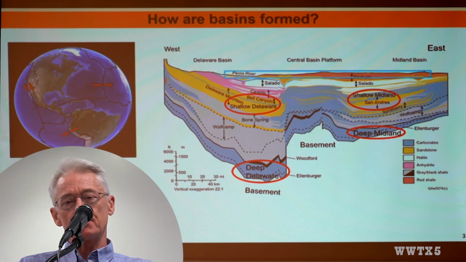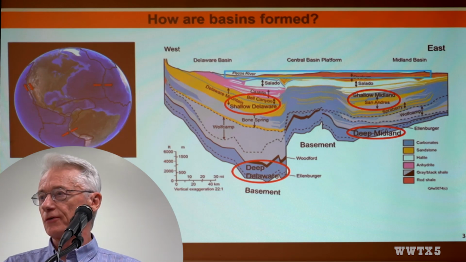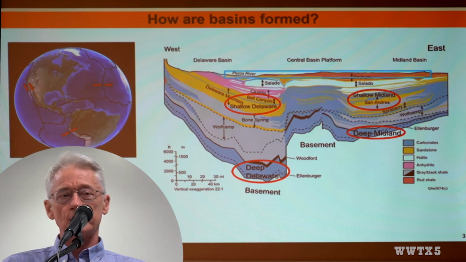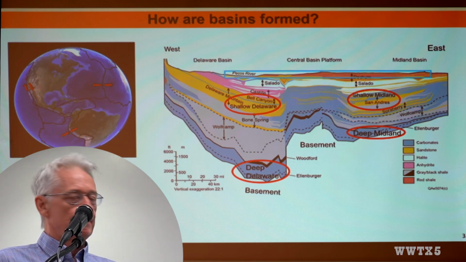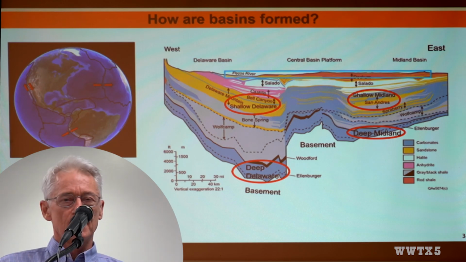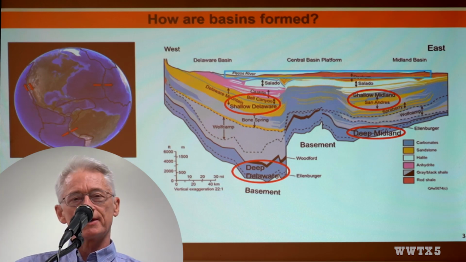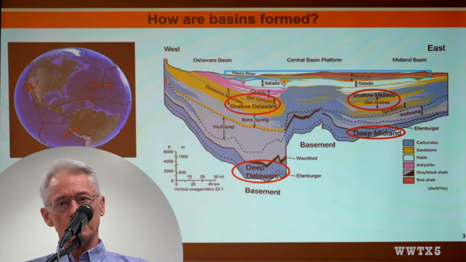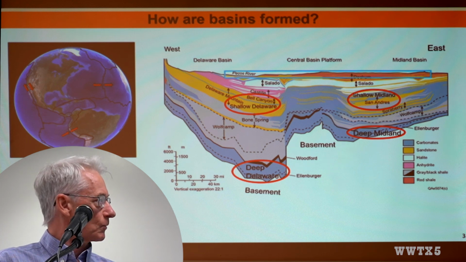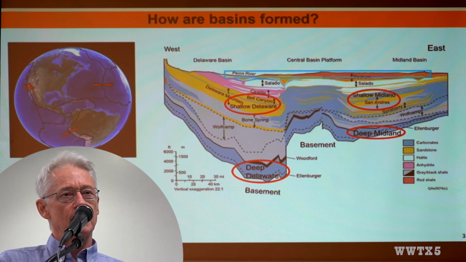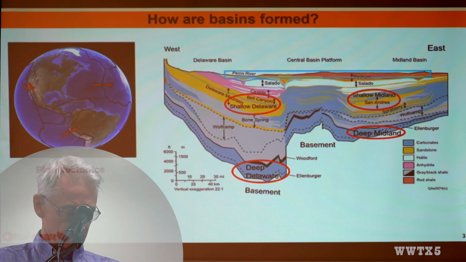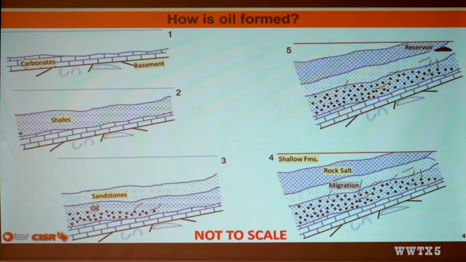Those basins came to be because of plate tectonics, as explained by Dr. Ward this morning. When you have plates colliding or passing each other, you end up with troughs and ridges, and you erode the ridges and fill up the troughs with sediments, and that's what we see. The Delaware Basin has 20,000 feet of sediments, and a bit less in the Midland Basin.